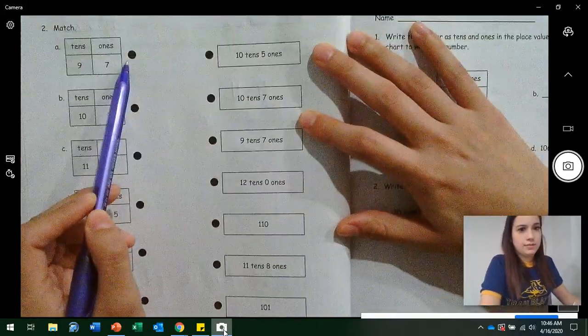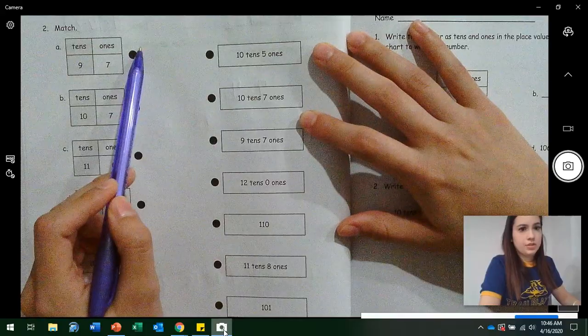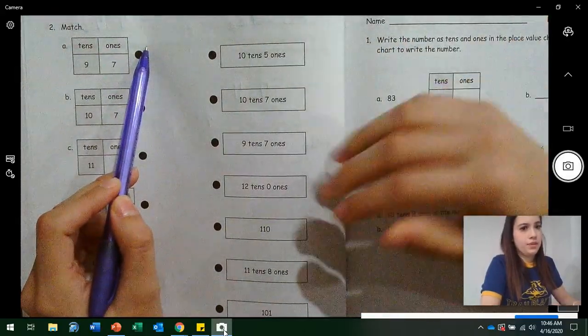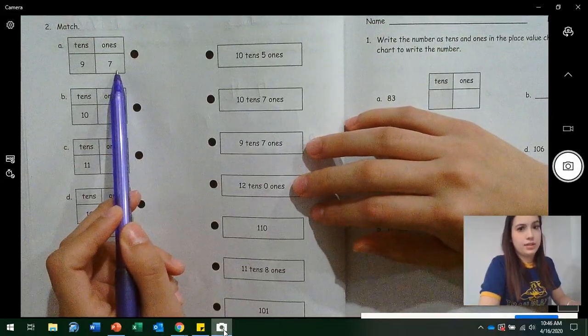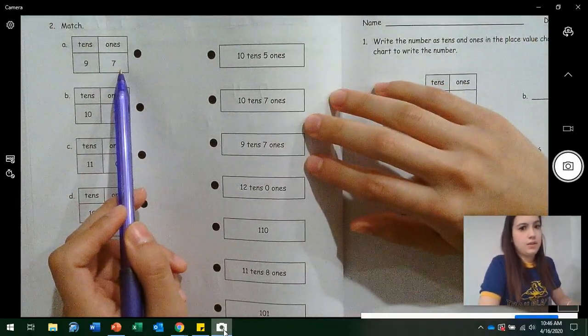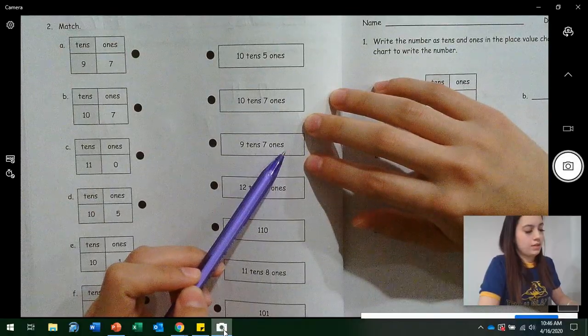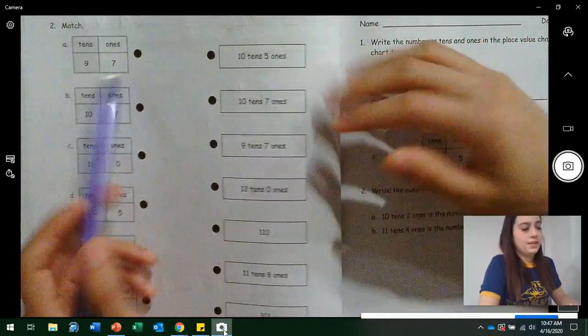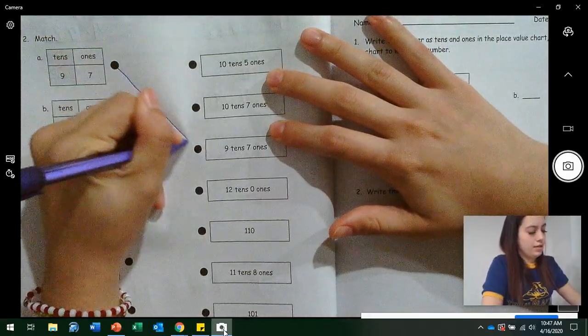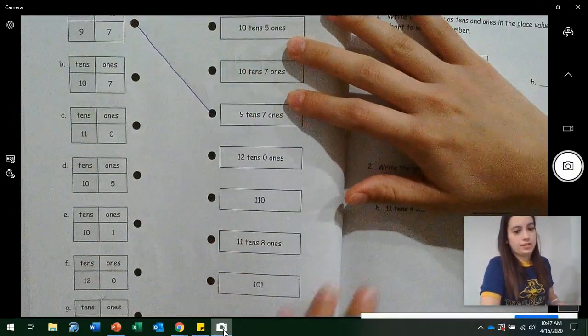Does this one match this one? Get ready. No. How about 10 tens, 7 ones? Does it match this one? Get ready. No. 9 tens, 7 ones. Does it match my place value chart? Get ready. Yes. So you would draw the line matching all the rest.